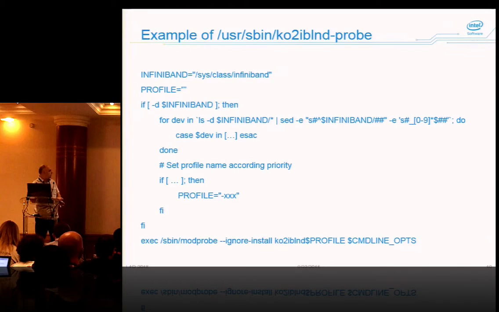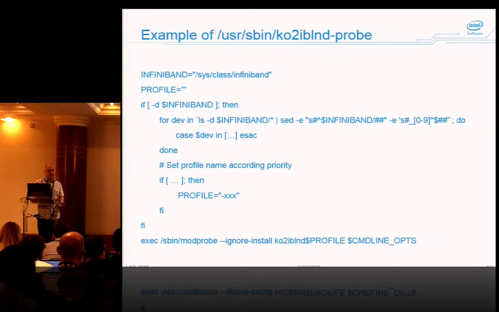So the idea is, first of all, you scan all cards that are registered in the system right now, and then decide, according to the cards you find, which profile to use.